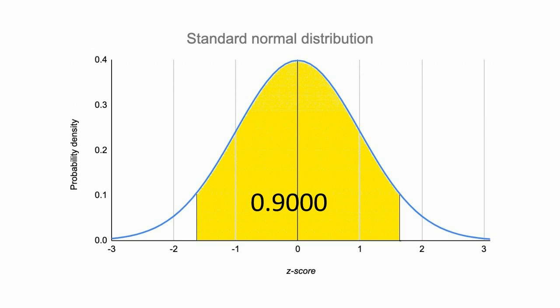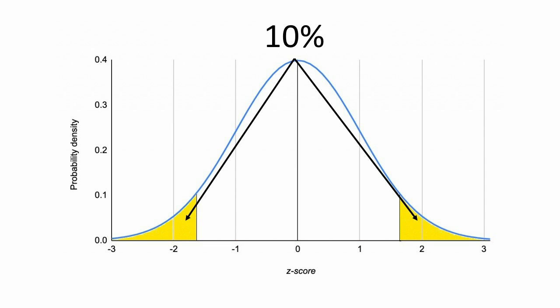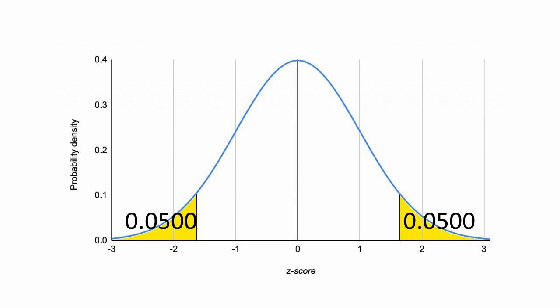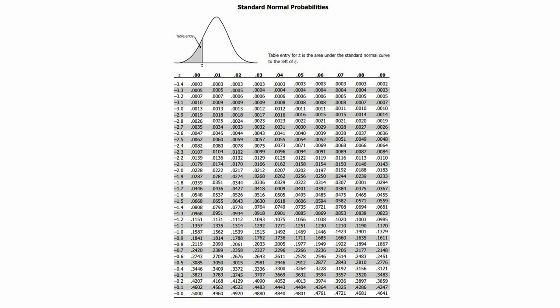This shaded area is centered on the mean, so the areas in the tails are equal, and each half of that 10%, which is 5%, or 0.05, or 0.0500. Now, find the z-score that gets us an area of 0.0500, or as close as you can get to that value.